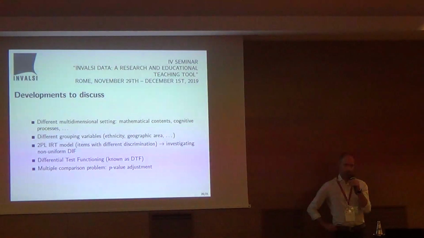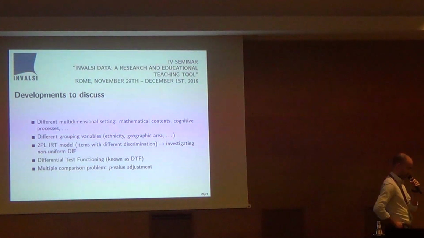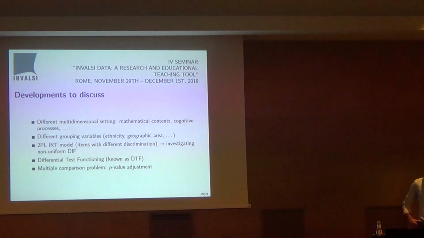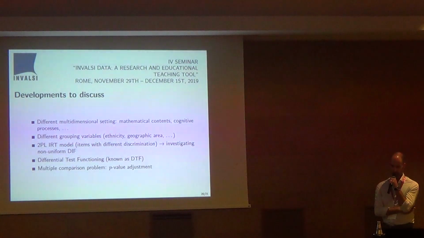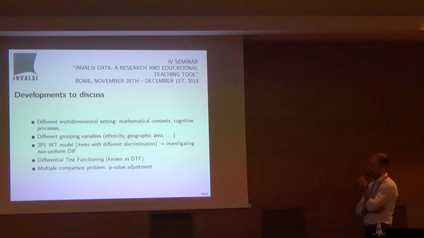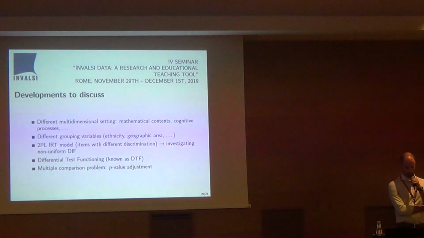We can consider a different parameterization for the model. Then we can relax the assumption of equal discrimination among items, and in this case we can use a 2PL parameterization, and then we are able to investigate also non-uniform DIF.